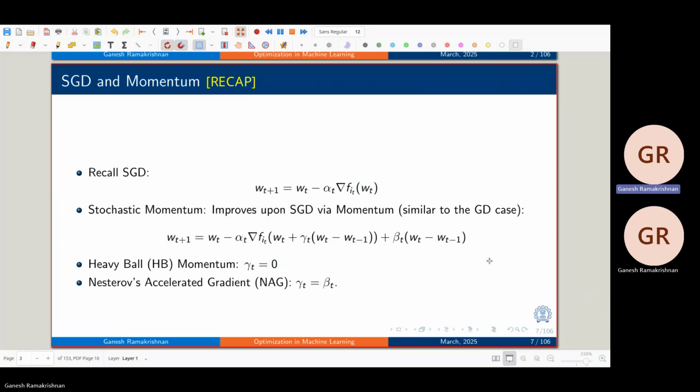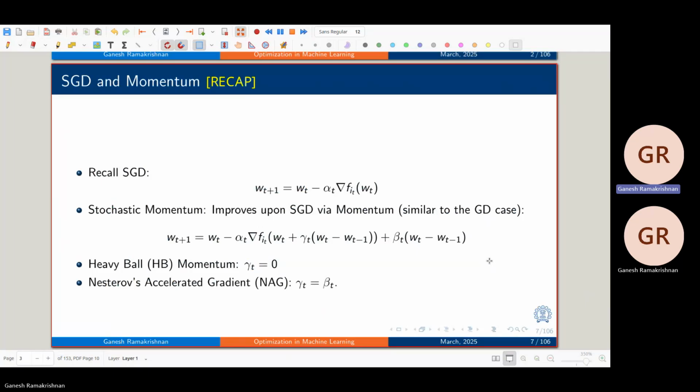So w_{t+1} is w_t, and then there was this first component, which is our standard minus alpha_t times the gradient update. But this gradient update itself could be on either the vanilla point, that is w_t, or the momentum or velocity updated point, w_t minus w_{t-1}.